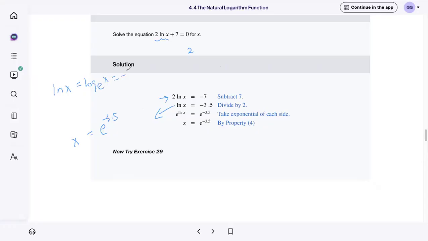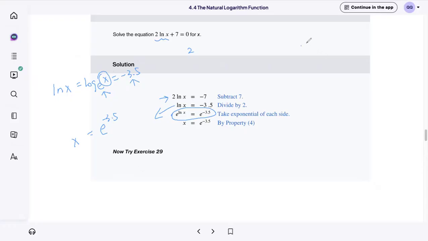If this equals negative 3.5, the equivalent expression is the base e raised to this exponent equals the value. So we don't have to take this extra step. Okay, so we get in one shot x equals e raised to negative 3.5.